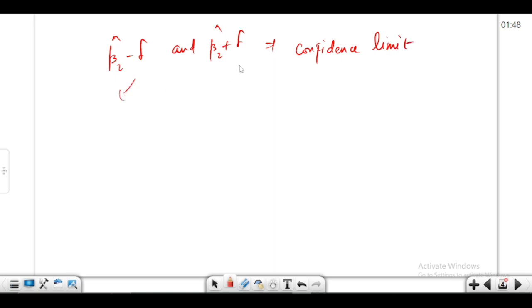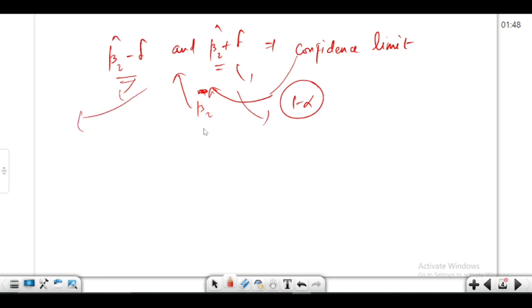This is your lower limit, this is your upper limit, and if your true population parameter lies in this range, it means you are confident enough to say that there is 1 minus alpha probability of it being in this range. So your beta 2 value should not cross these limits.